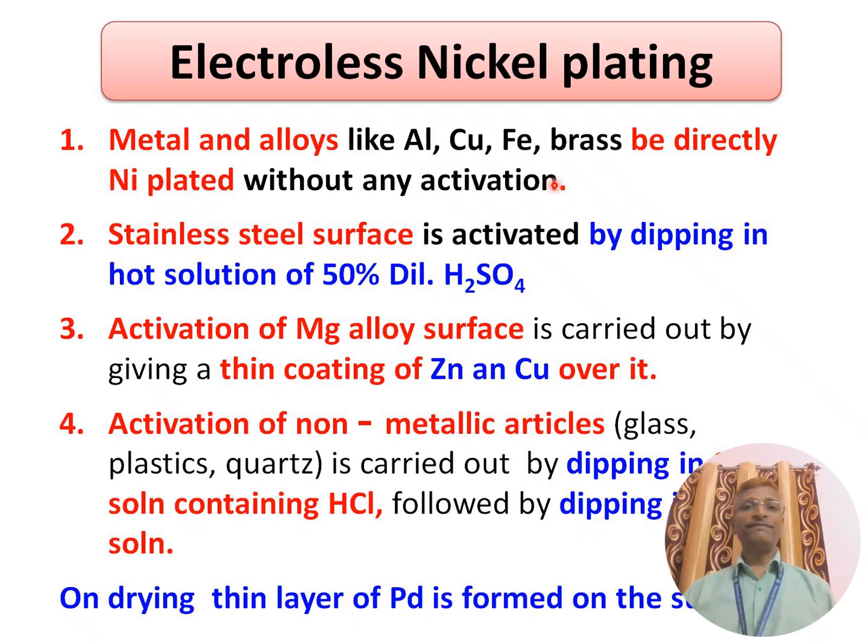For nickel plating, these metals need no activation. Some other categories we have to activate, for example stainless steel, which should be activated by dipping in a hot solution of 50% dilute sulfuric acid. Depending upon the substrate and coating material, we have to choose the appropriate method.